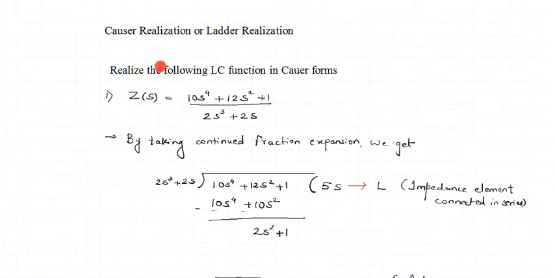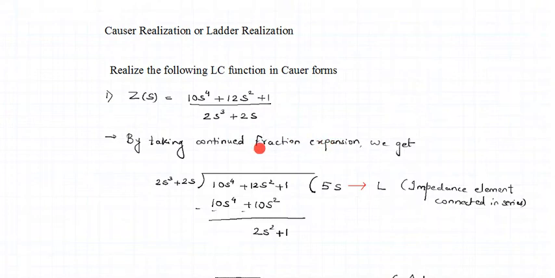The question itself has identified that this is an LC function. So the circuit that we are going to obtain that satisfies this system function must have only L and C components in it. So let us apply the Cauer 1 form and perform the continued fraction expansion. Cauer forms all use continued fraction expansion.